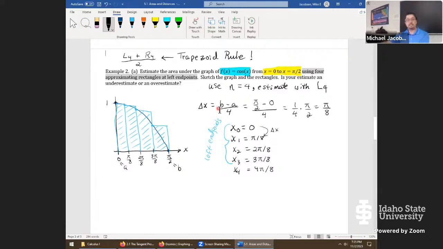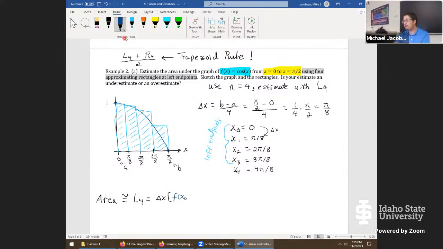Okay, well, we have everything put down. All we need to do is write out the process. We're trying to calculate an area. That's our end goal. It's going to be approximately equal to this estimate with L4. So area is approximately L4. The formula for L4 looks almost identical to the formula for R4 or R6. We take our delta x, multiply it into a group where we put in the function values.